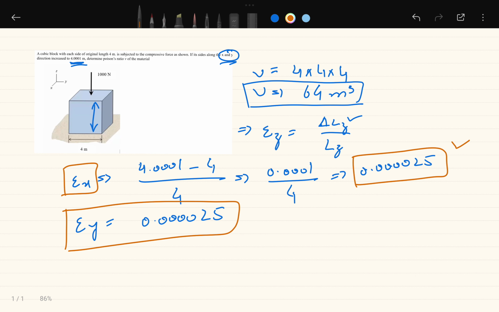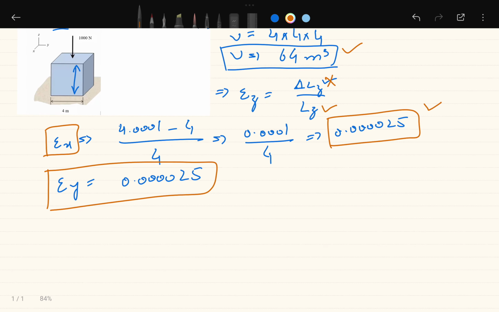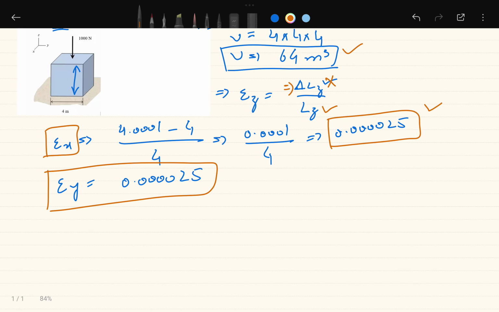Now what is left is the strain in z, but we know the volume stays the same. We know the original length of z is 4, but we do not know the change. If the volume is the same, we can find out the change.